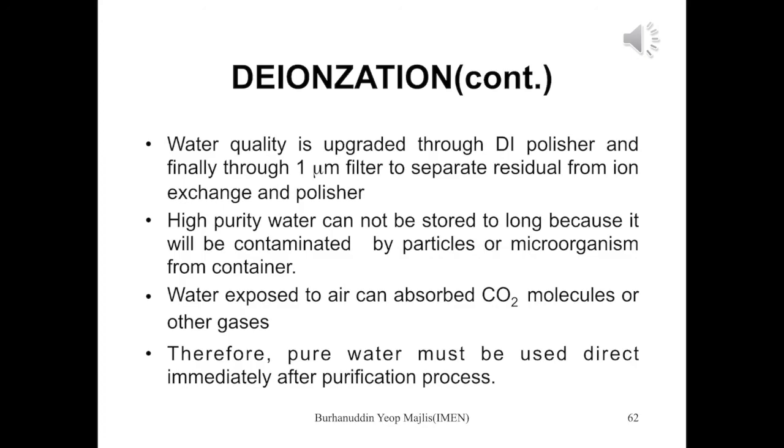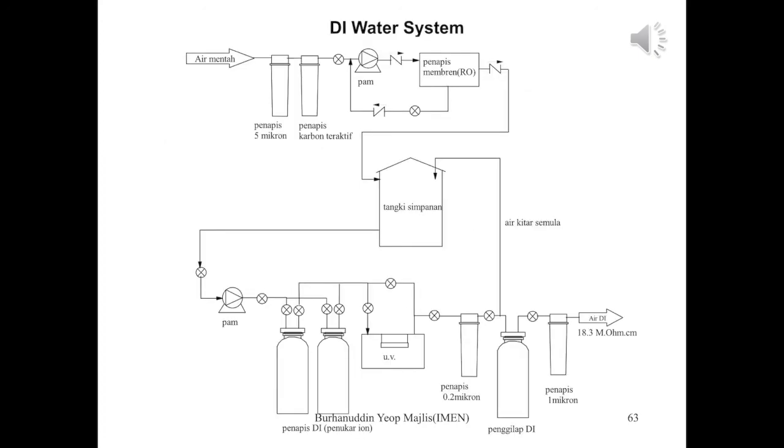That's why each clean room, normally all clean rooms, needs its own DI water system. This slide shows the DI water system as we already explained previously. You can see we have the first filter, the activated carbon filter, and finally we produce water with 18.3 mega ohm centimeter resistivity.